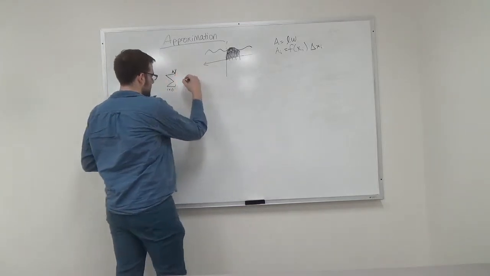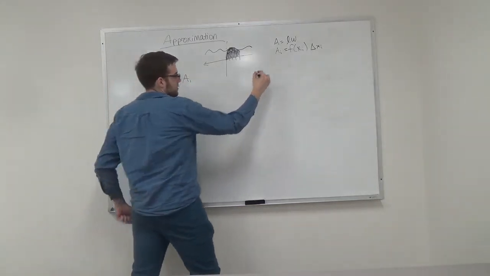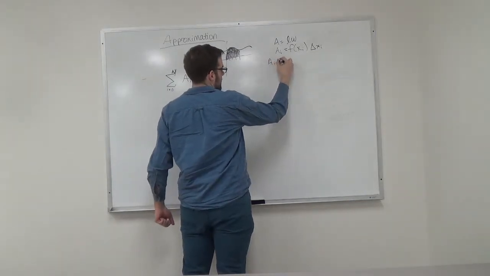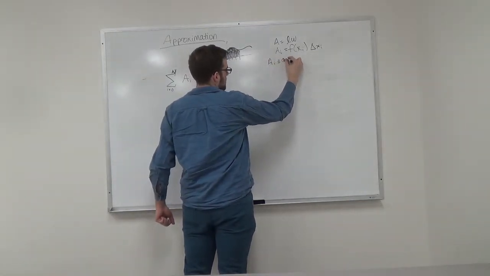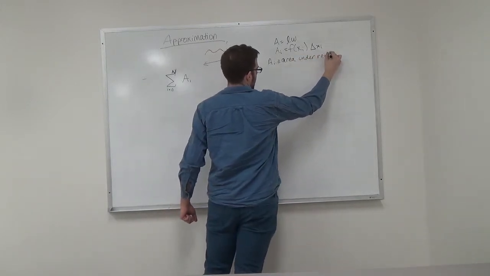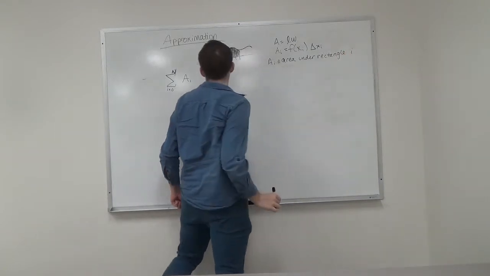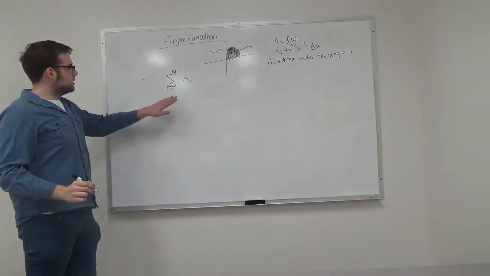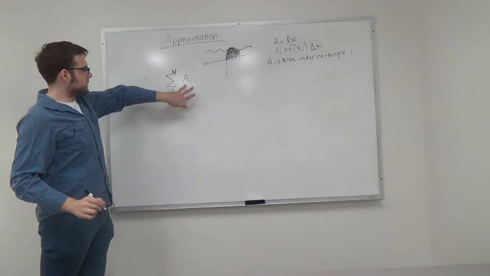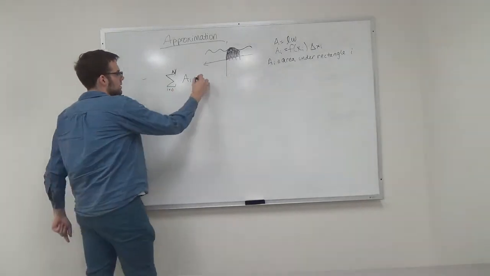So here basically what we're doing is summing all the areas of the rectangles. Let's define A i as the area under rectangle i. So we're summing the areas underneath the rectangles i.